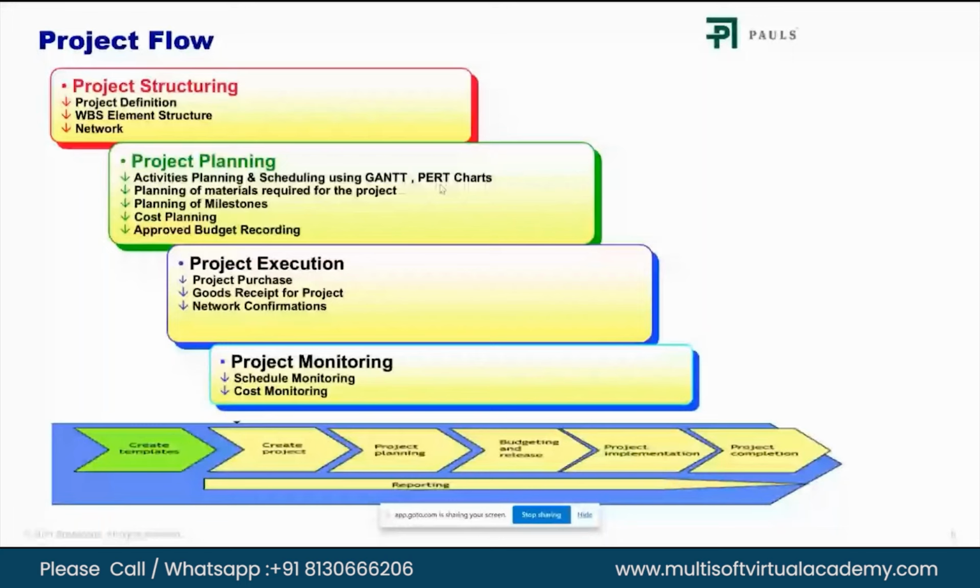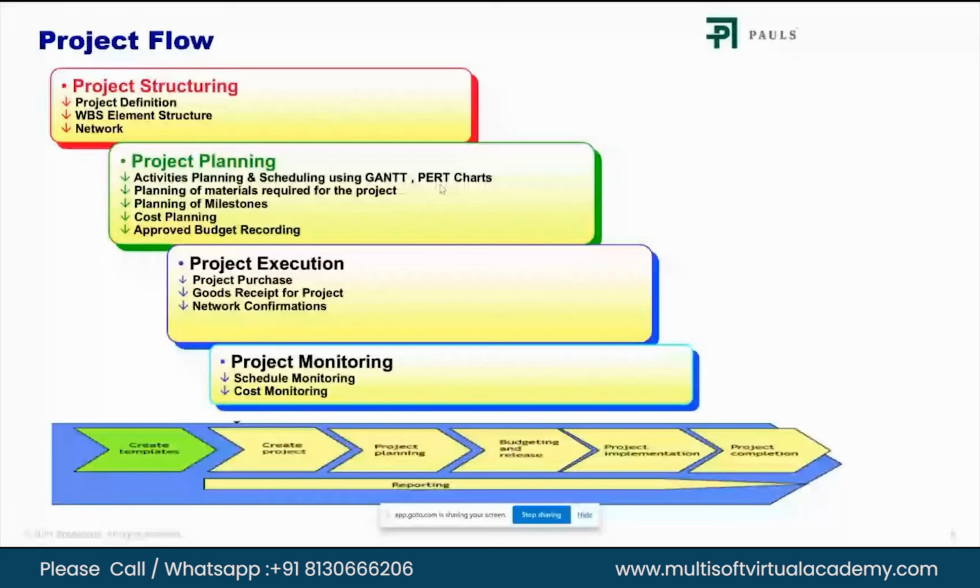It is part of their activity: generation of purchase requisition, purchase orders, and goods receipt. Once goods are received on site, those will be issued to the contractor for use. Then invoicing will be done, and then payment to the vendor will be done. That is the part of the FI team, and the FI team clears this vendor's payment.